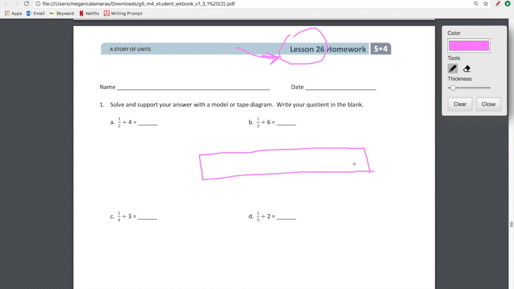Let's go ahead and show, we're looking at B here, what 1/3 divided by 6 looks like. So we have 1/3 here. Our entire tape diagram, of course, represents one whole because we have 1, 2, 3/3. 3/3 is just a fancy way of naming one whole.